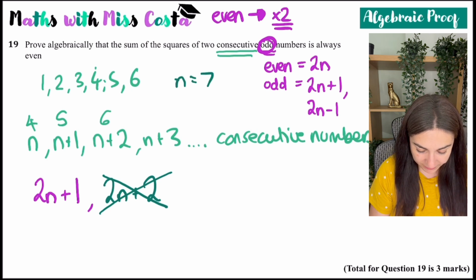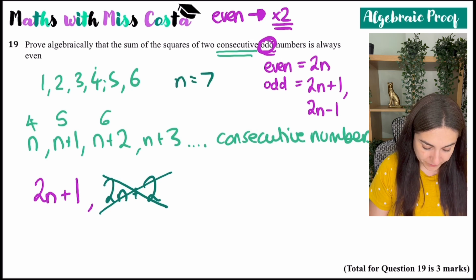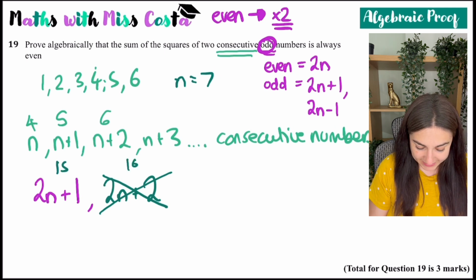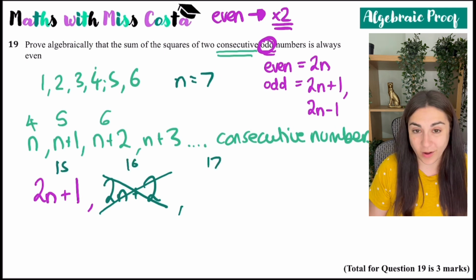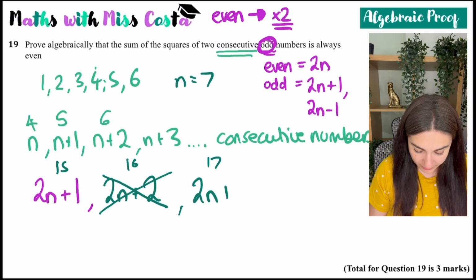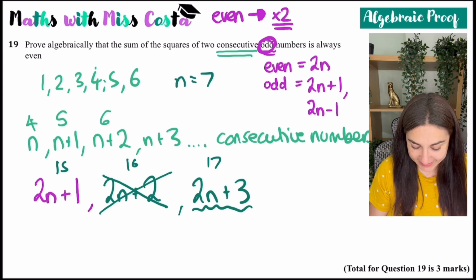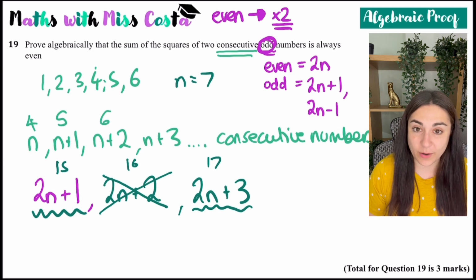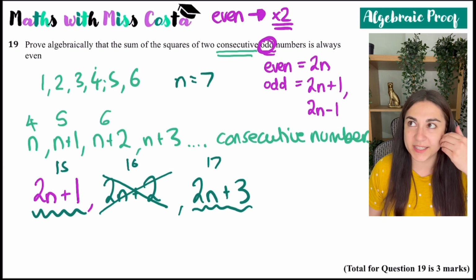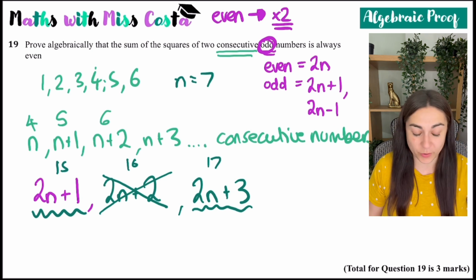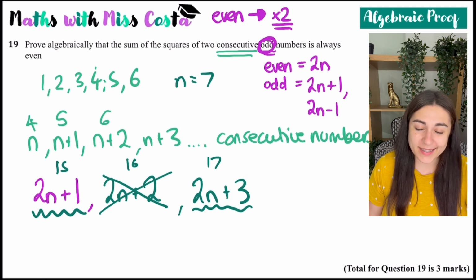So if n is 7, 2n plus 1 is 14 plus 1, which is 15. But 14 plus 2 is 16. That is why you always have to skip 1, so 2n plus 3 would be the next consecutive odd number. If in doubt, literally just pick a number and substitute it in and see if that works for consecutive odd numbers.